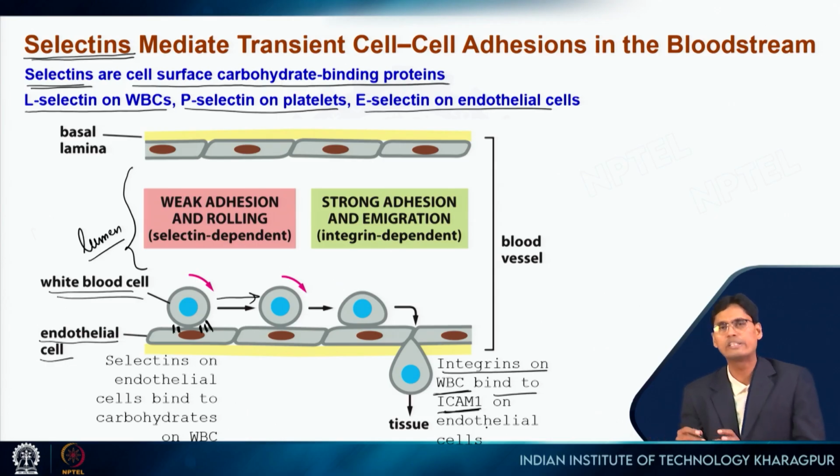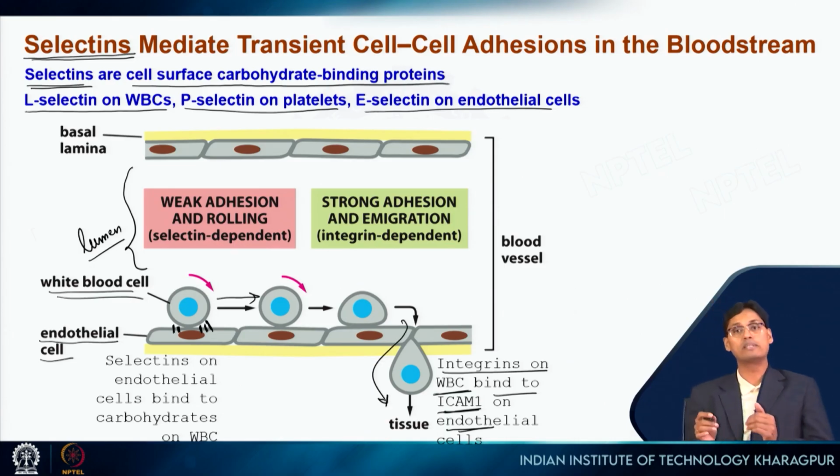I am not going into their details and names. That helps that particular white blood cell to come into the tissue. As I already mentioned, white blood cells escape the bloodstream and go to the tissue for their immune function.